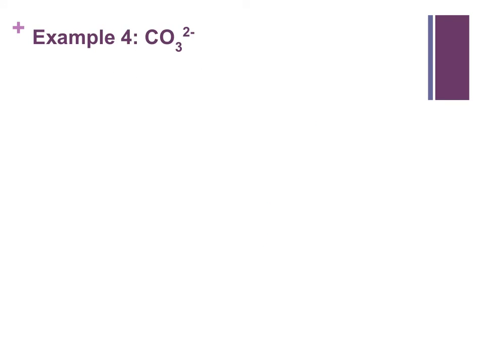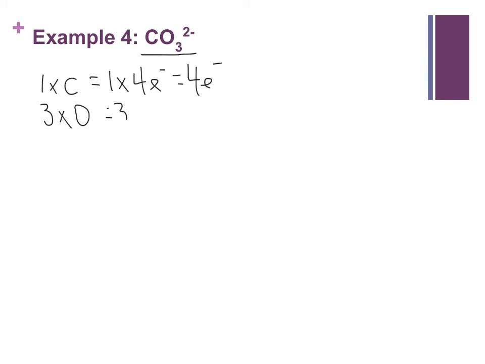Finally, our last example, our most complicated one, is CO3 2-. If we go through and count up our valence electrons again, each carbon has 4. We only have 1, so that's 4. We have 3 oxygens. Each oxygen has 6. That makes 18.